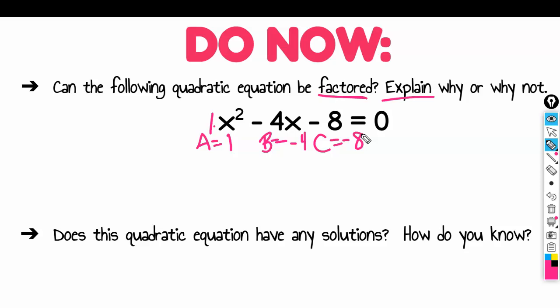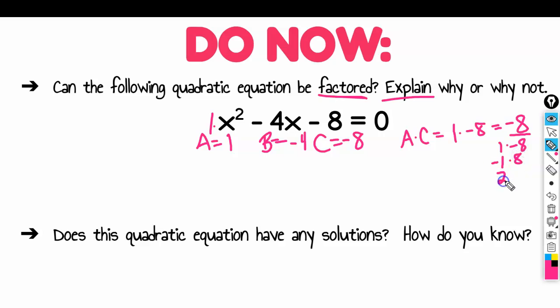So when I am factoring, I am looking at A times C, which is 1 times -8, and that is -8. So I am looking at different factors, different numbers that multiply to -8. I've got 1 times -8, or -1 times +8.